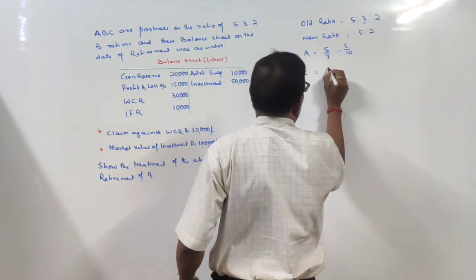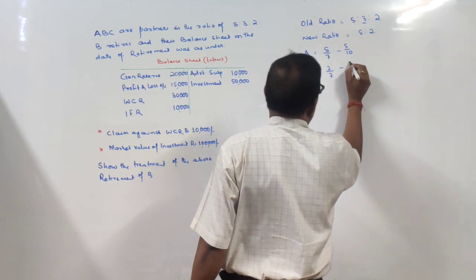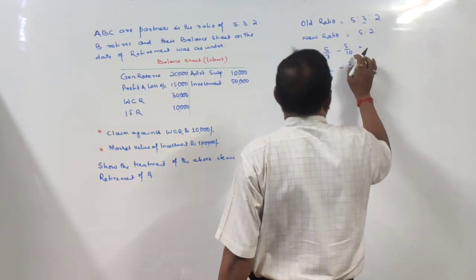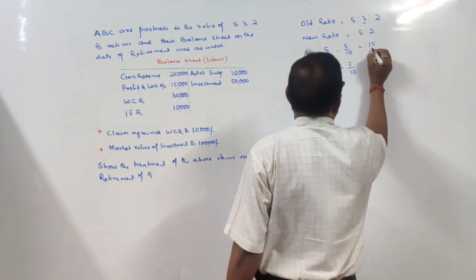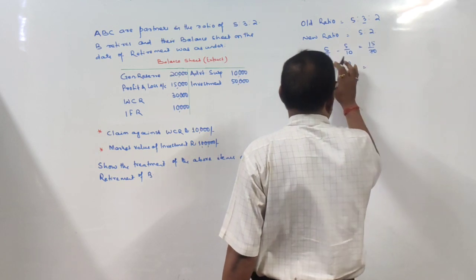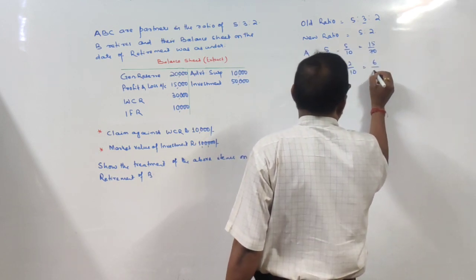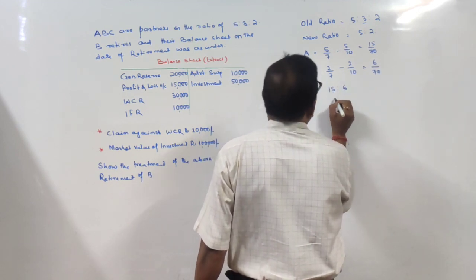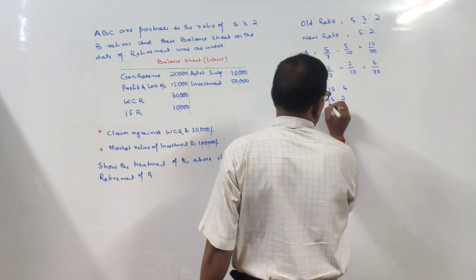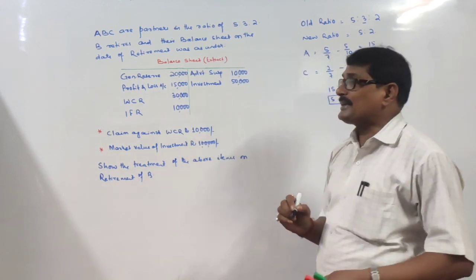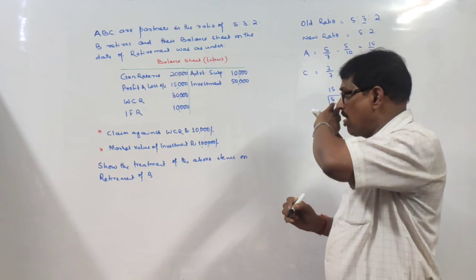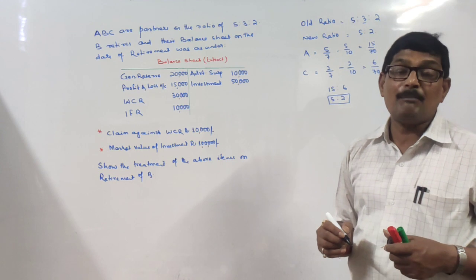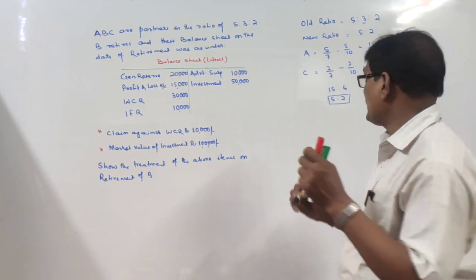Now C is getting 2/7 and he was getting 2/10. So here A is gaining 50 minus 35, 15/70, and C is gaining 20 minus 14, 6/70. Means the gaining ratio is 15:6, that is 5:2. Now, since we have decided not to disturb general reserve, the sacrificing partner, that is B, needs to be compensated. Compensated by whom? Compensated by the gaining partners.